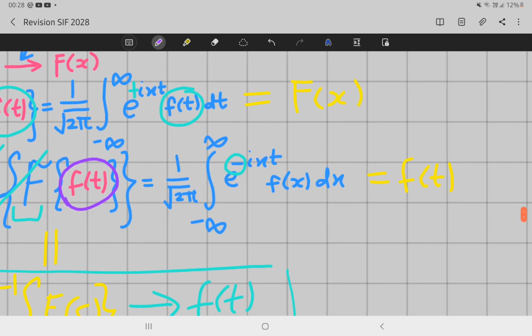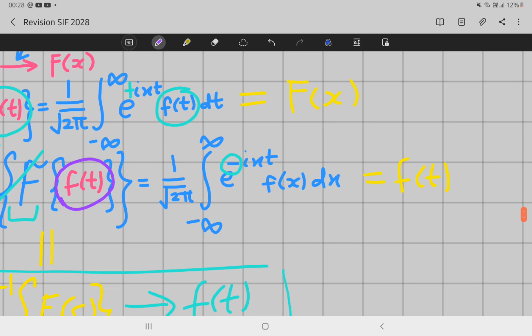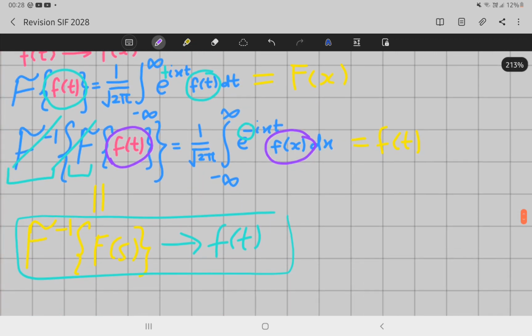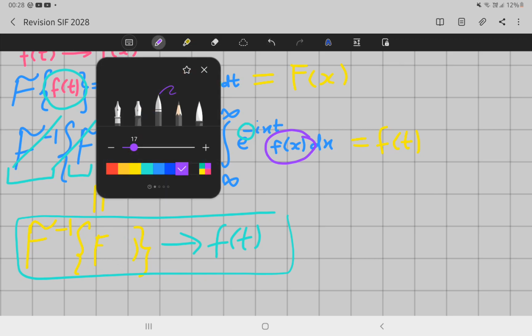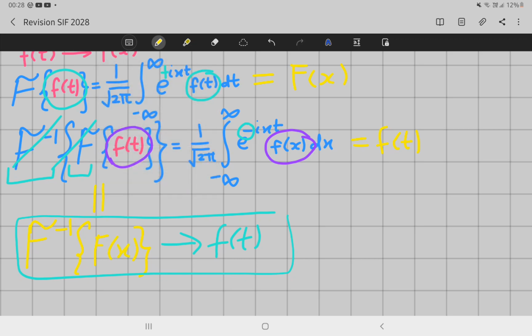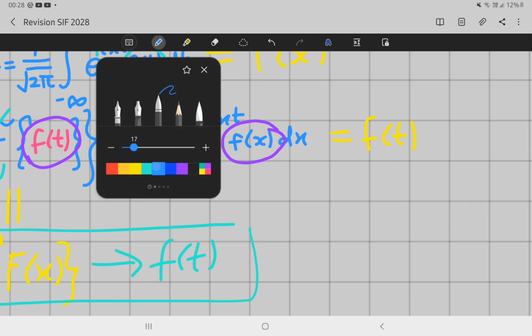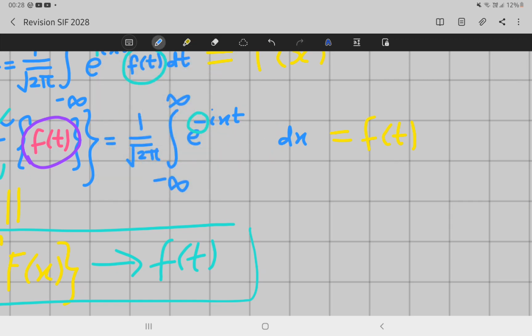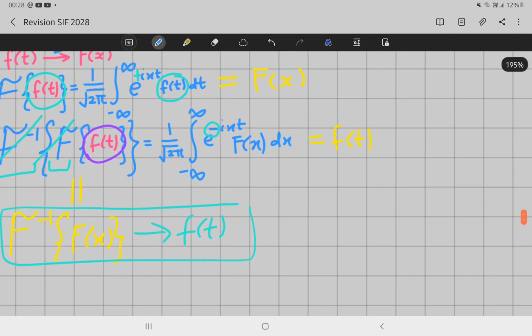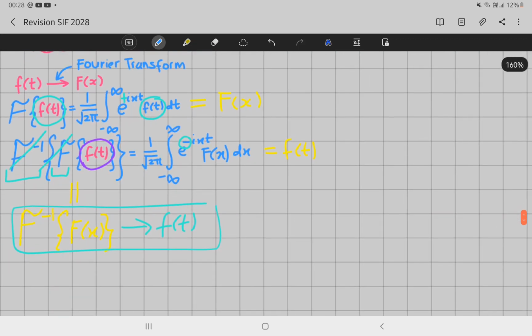The function that we are integrating is not f of t, it is f of x, because we are doing the inverse transform of the big f of x. Not s, so that's my fault. Right, like that. It's very simple.